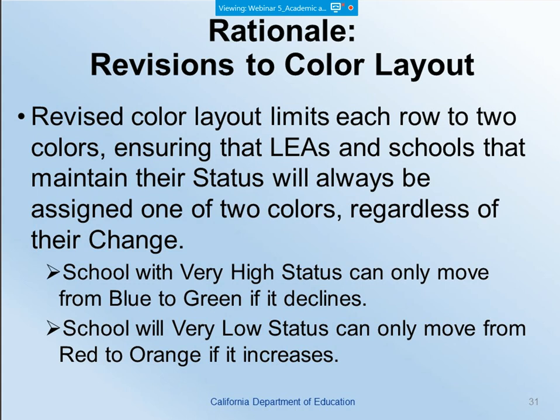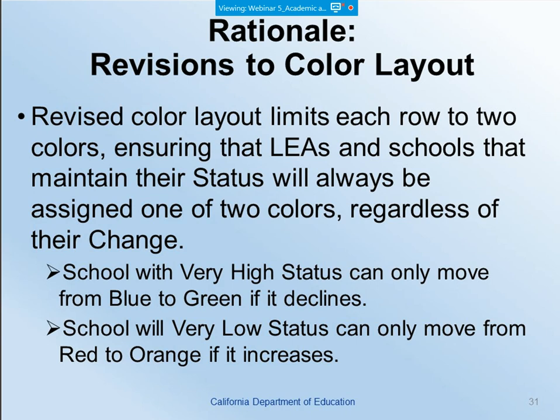The rationale for the changes to the color layout is that, because of the volatility, we felt it was really necessary to only have 2 colors per row. That ensures that if a school, an LEA, or a student group maintained their status level, they would always be assigned 1 of 2 colors, regardless of their change.